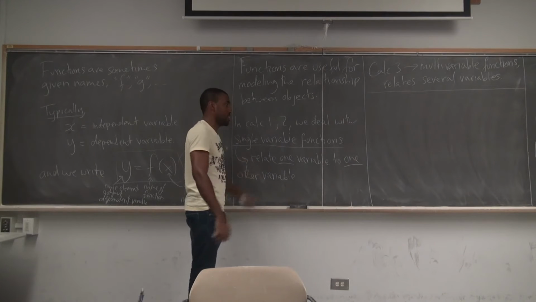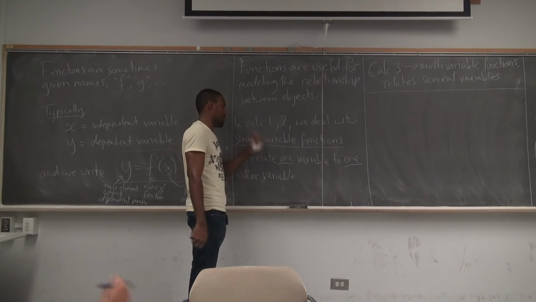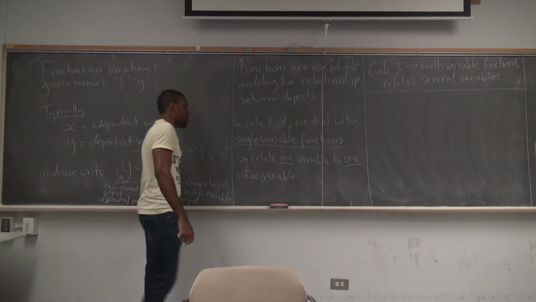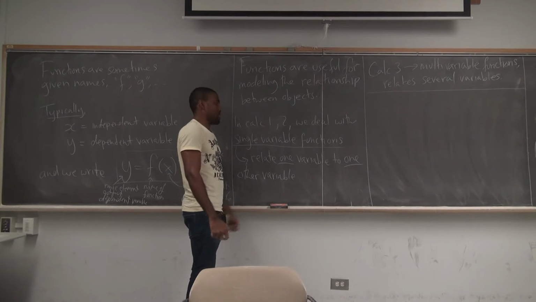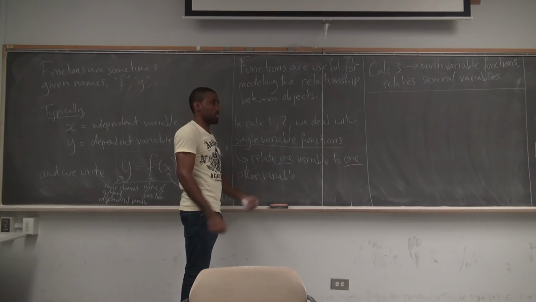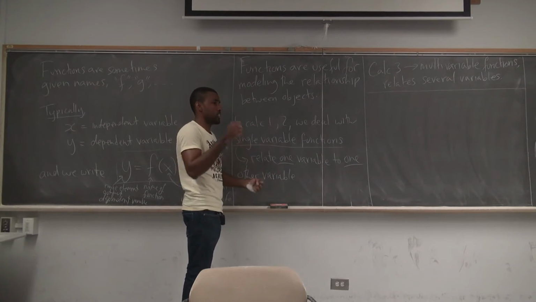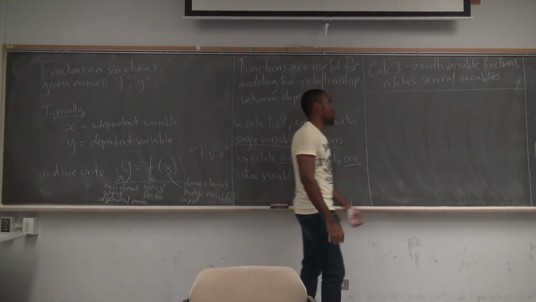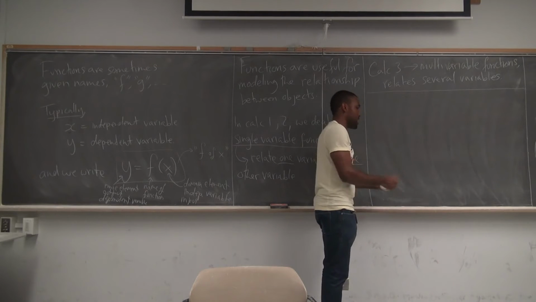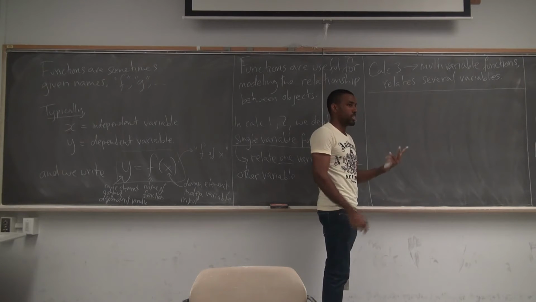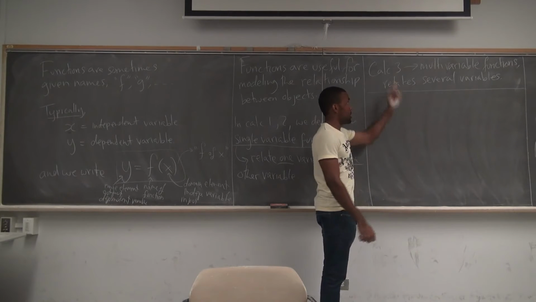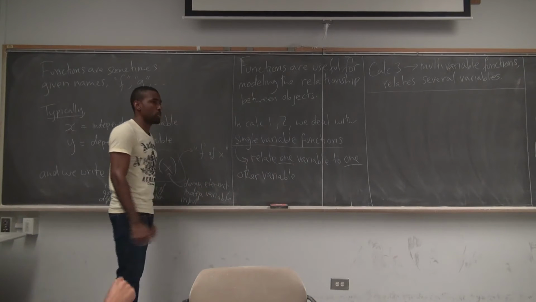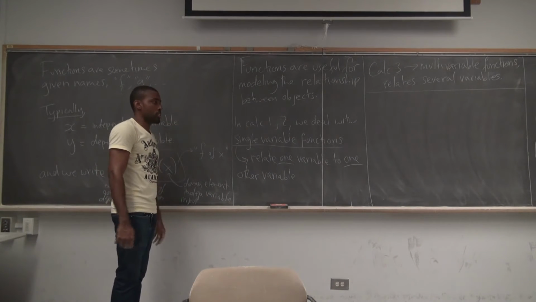We're just relating one thing to one other thing, where one thing depends on another thing. So we can say, if you passed pre-calculus, you're allowed to take calculus. So I'm relating your pre-calc grade to your eligibility to take calculus. However, I could say a requirement is that you have to pass algebra and pre-calc in order to take calculus. So I'm relating two things to this one thing. That would be an example of a single variable function.